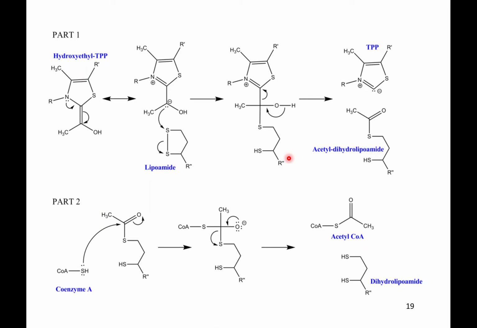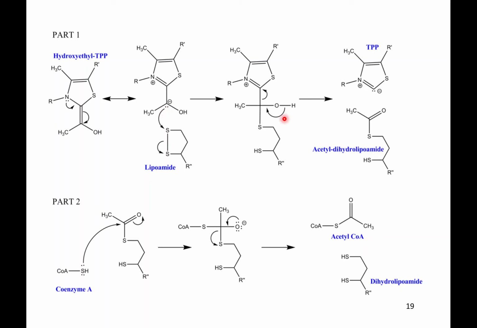Right. If you look at the mechanism just in a little bit more detail, that's shown here, right? When you have this hydroxyethyl group from pyruvate attached to TPP, it looks like this, and you can get sort of an equilibrium here between the double bonded form and a single bonded carbanion, and in this carbanion form, that's when you get the electron nucleophilic attack to lipoic acid.